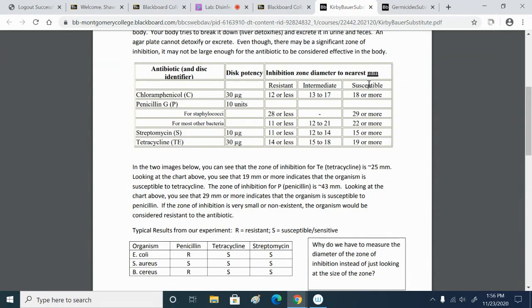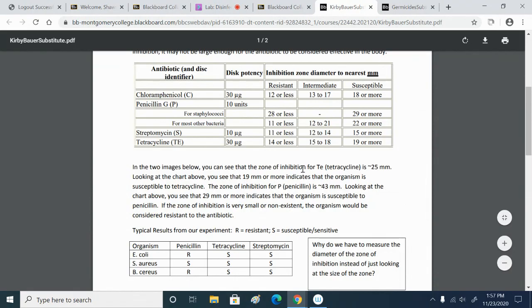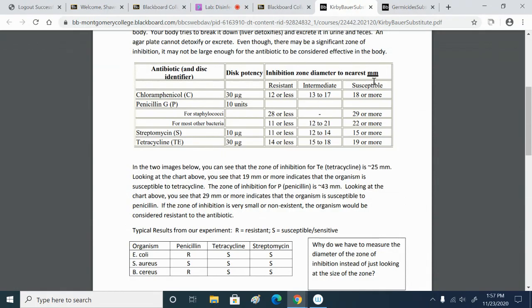So does everybody see how I did that? Measure the diameter of the zone of inhibition in millimeters. I come to the table. Our value was not less than 14. It was more than 19, which means the organism is susceptible, right, to tetracycline.